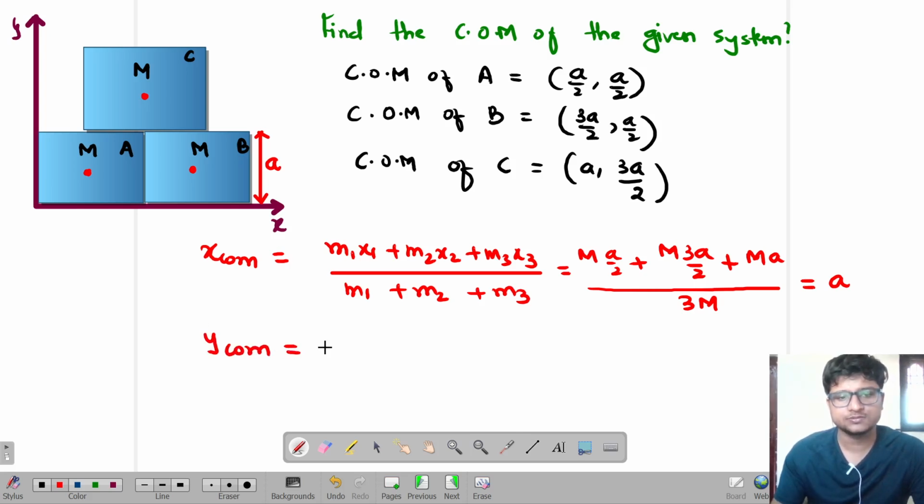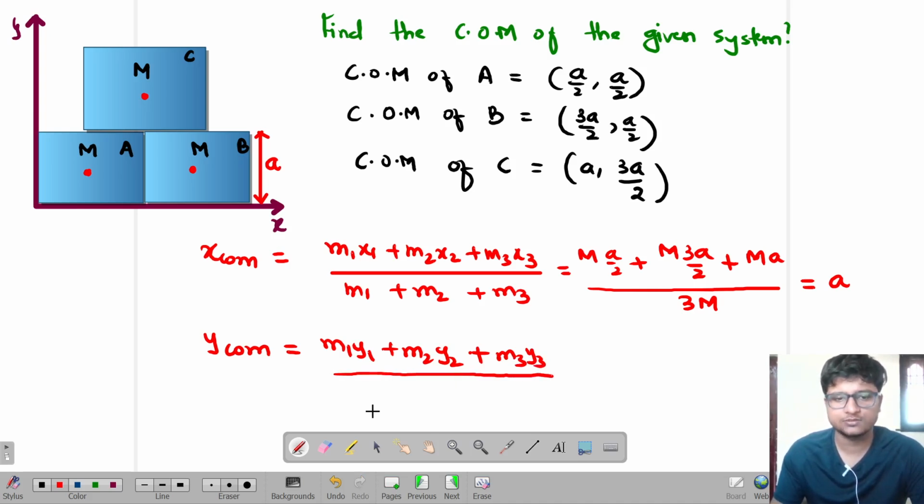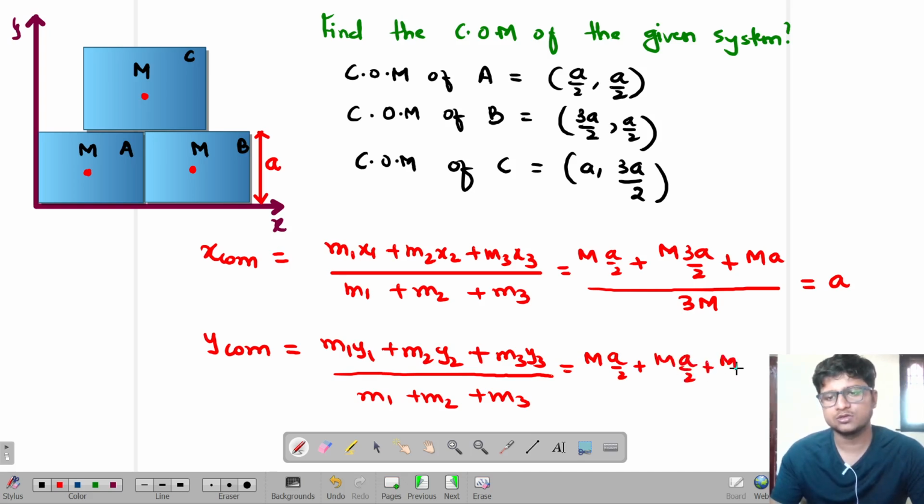Y center of mass: M1 Y1 plus M2 Y2 plus M3 Y3 divided by M1 plus M2 plus M3. So this is how much? M into A by 2 plus M into A by 2 plus M into 3A by 2, divided by 3M.